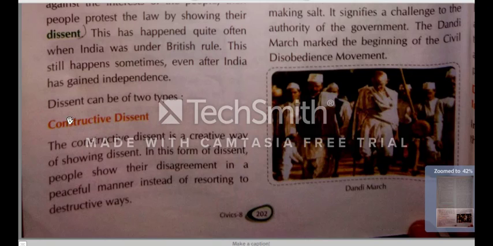How is the word constructive dissent used here? Constructive dissent is a creative way of showing dissent. This is a way by which you can show your dissent, your opposition. In this form of dissent, people show their disagreement in a peaceful manner instead of resorting to destructive ways. Instead of means इसके बजाय.